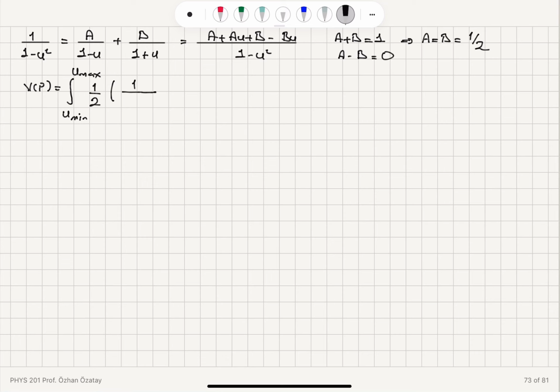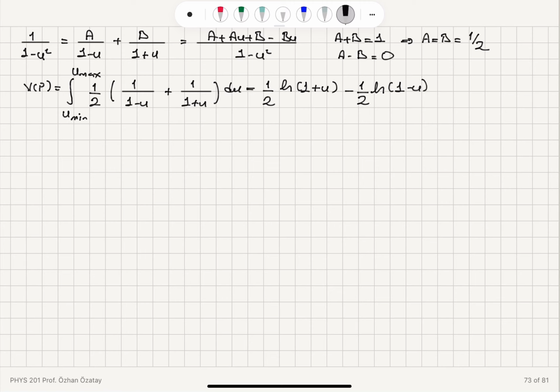1 over 1 minus u plus 1 over 1 plus u du, which is 1 over 2 natural logarithm of 1 plus u minus the 1/2 natural logarithm of 1 minus u.